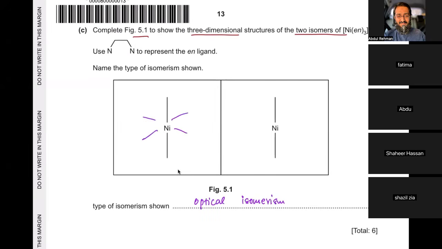And over here, you are going to draw the two mirror images, like this.